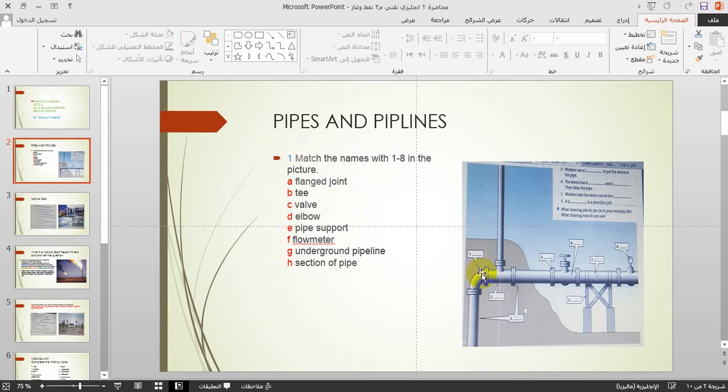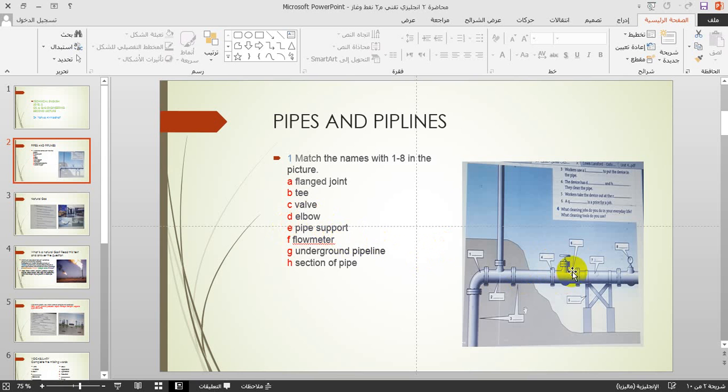So number 1 is A, flange joint, and number 2 is B, which is a T. Number 3 is G, which is underground pipeline, maybe. Number 4 is D, an elbow.